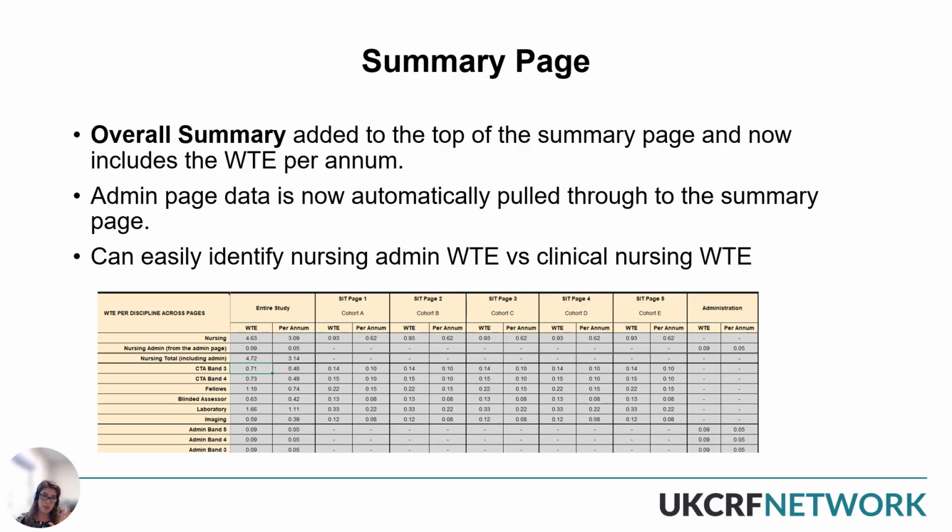You'll be able to see which staff groups have got more intensive work for the study, or which pages require more support from your teams. And then you still get the previous calculations of your overall intensity, the costing, and the overall whole time equivalent required to deliver that study.